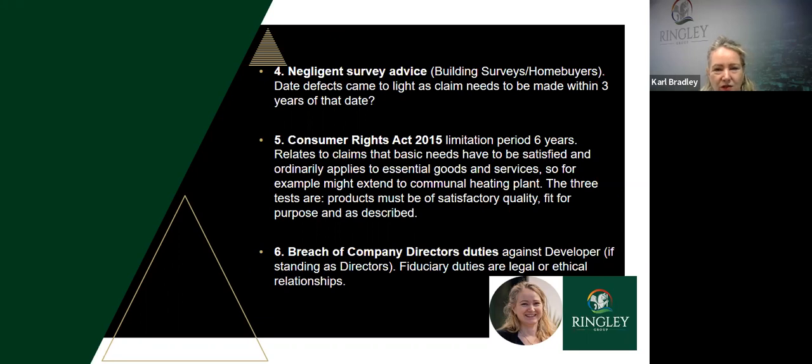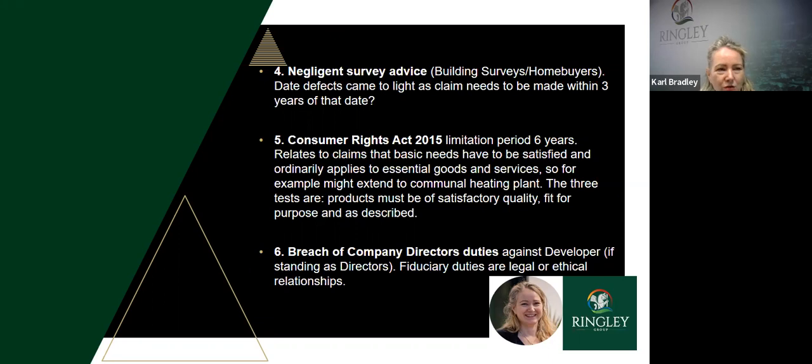So the types of advice there is if the building, let's say, had defective or condemned cladding materials on it, and it was pre-EWS1 certificate, and your valuer or building surveyor didn't notice that or suggest you get that investigated, arguably he could be negligent.